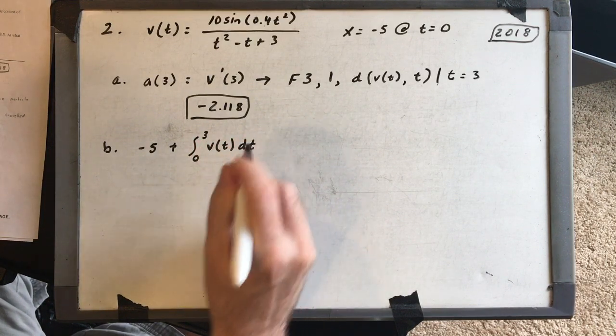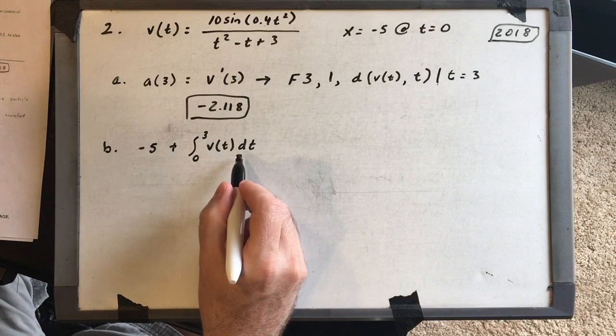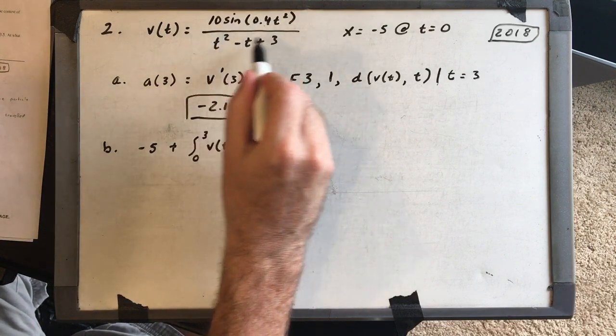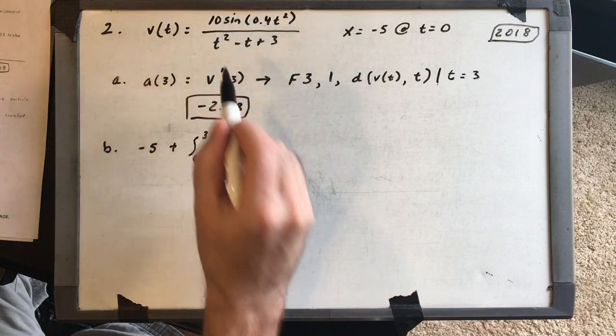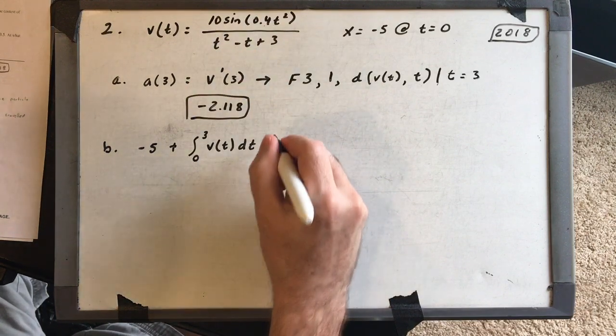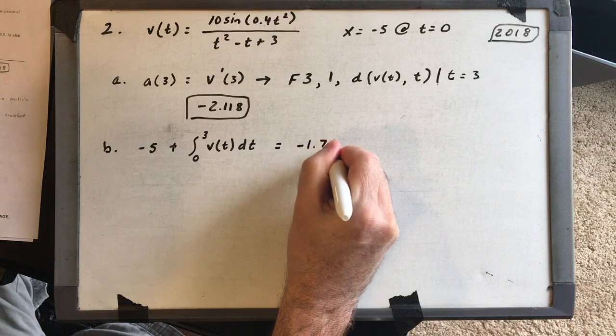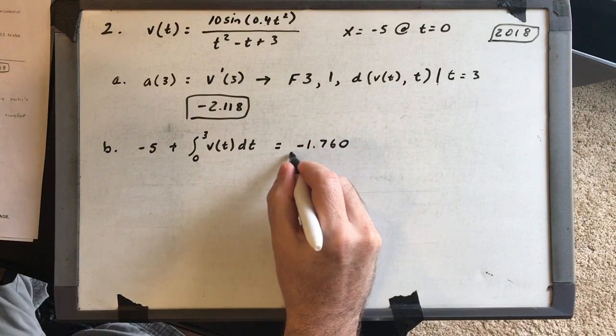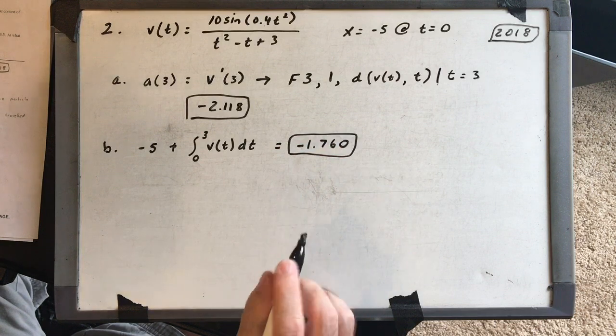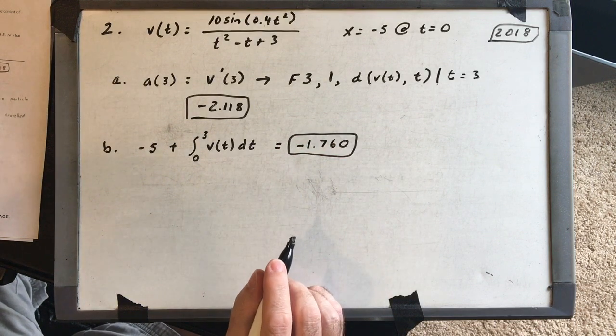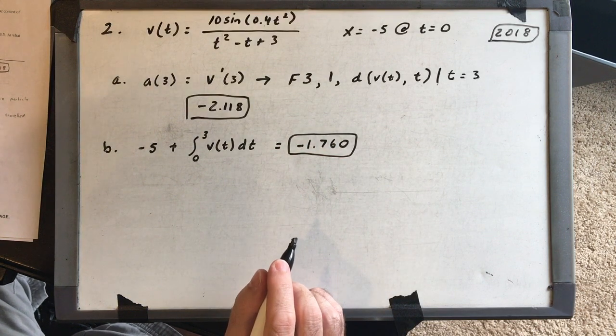This will give you the movement from 0 to 3. You've already typed this in, so you can just copy that down. And that's going to be negative 1.760. So this is really an exercise in typing into your calculator.